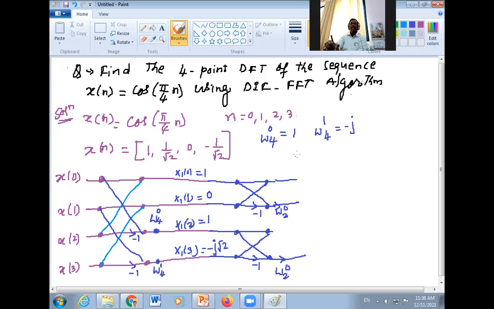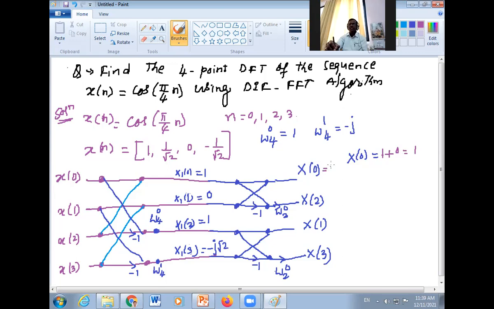So we'll calculate the answers here. Let us write this part is our x of 0, this is our x of 2, this is x of 1 and x of 3, as these are in bit reversal order. Now let us perform this computation. So here first x of 0 is equals to, we will get the direct value, 1 plus 0, which will be equals to 1.